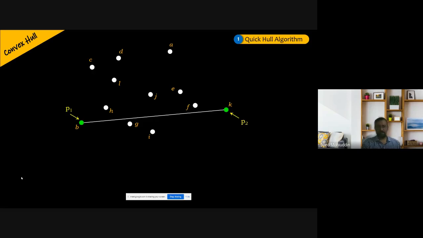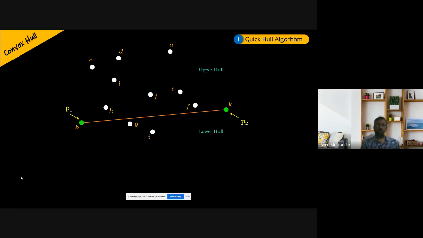Based on this segment, we divide this whole set of points into two sets. One is called the upper hull, and the points towards the lower end are called the lower hull.